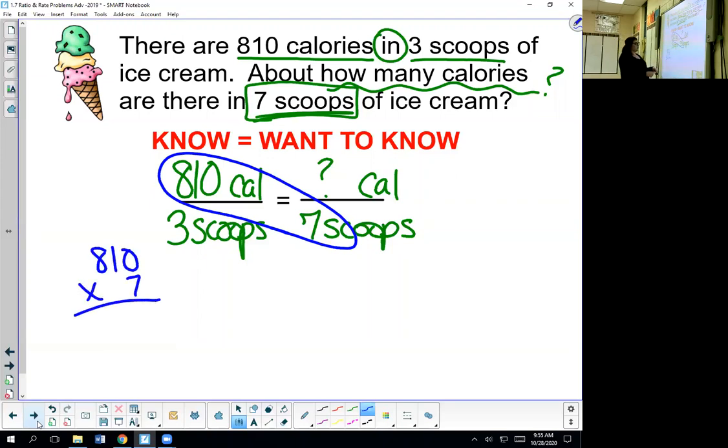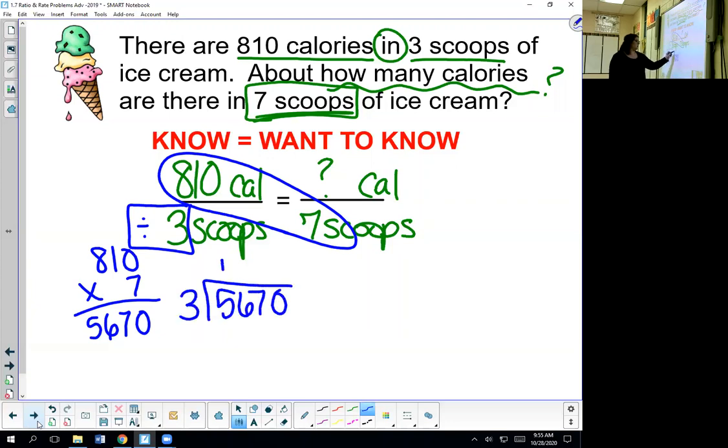Now I'm going to do it my quick way. 7 times 1 is 7. 8 times 7 is 56. And then I tag on the 0. And then I'm going to divide by the number I didn't use. Divide by 3. 5, 6, 7, 0 divided by 3, 1, 26, 4, 8, 24, 2, 27, that's 9, but then I have a buddy for that one.